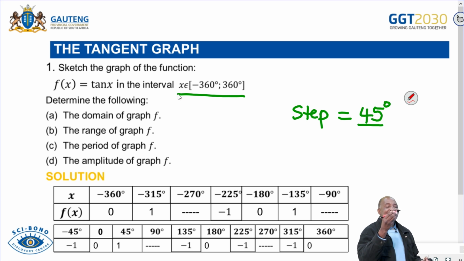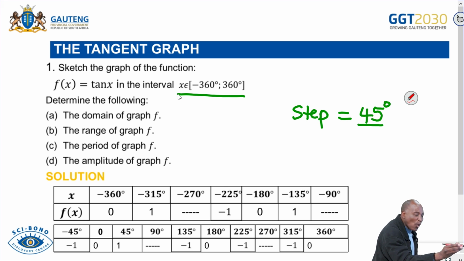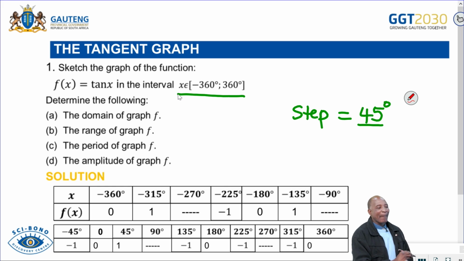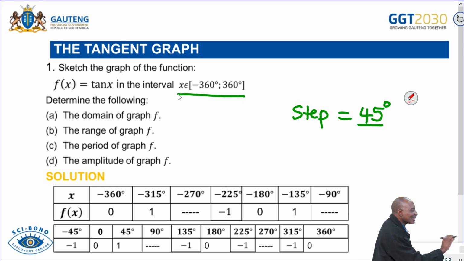Even if you just press directly on the calculator, tan of negative 90 degrees, it will say error. What does that imply? It means there is no value that goes with that particular angle. So you'll find that on this tangent graph, there are specific points where there is no corresponding y value.